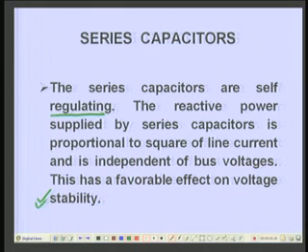Particularly here, the series capacitors will be in a position to give you reactive power even if the voltage is low. It depends upon the current which is flowing, and they are very helpful.